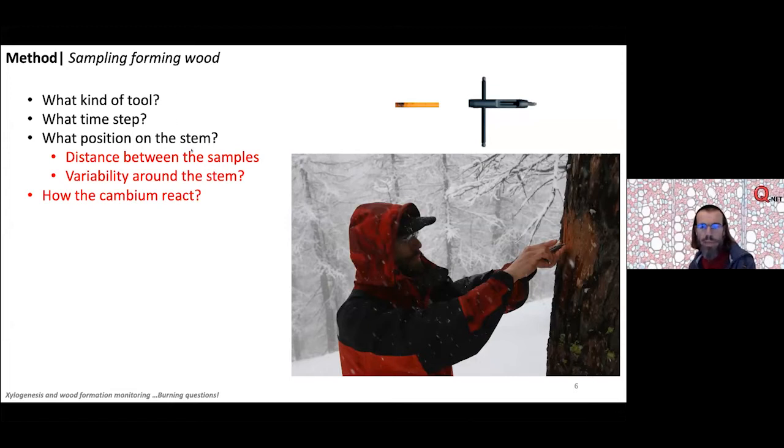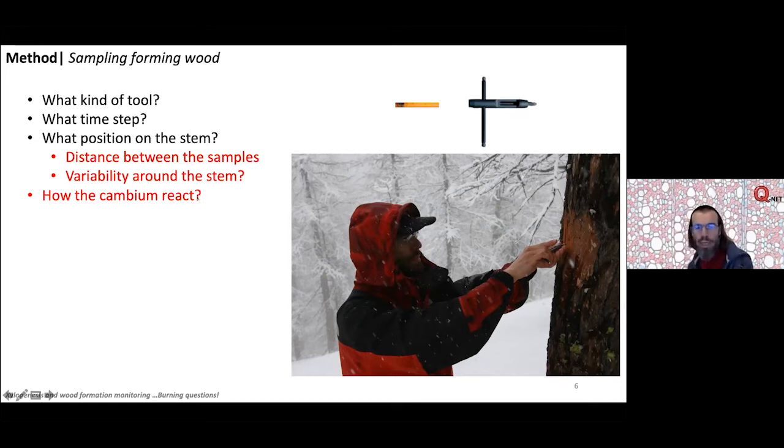Yeah, and also a problem we have in addition to the one we spoke about before is the variability around the stem. Well, we mentioned already reaction wood, but here we have more than that. And because we need to compare all these small cores all around the year, the variability around the stem is really a problem for us.